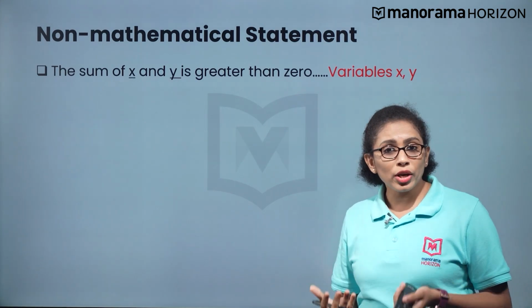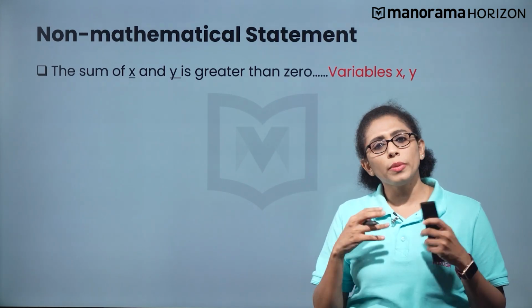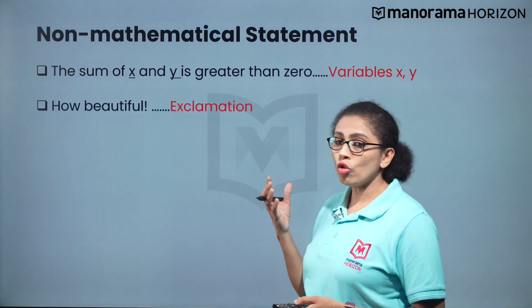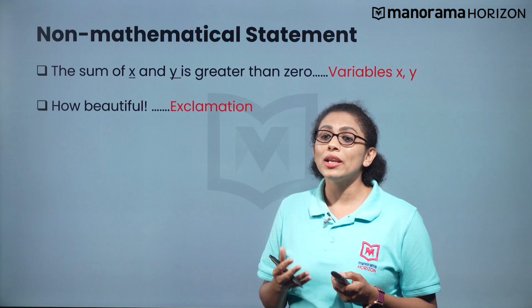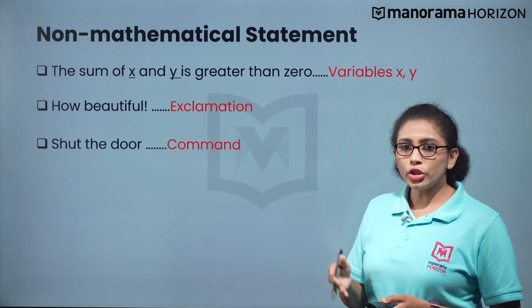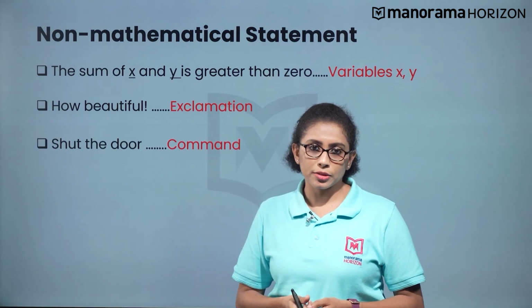Similarly, exclamatory, imperative and interrogative sentences cannot be mathematical statements. A sentence like "How beautiful!" is an exclamatory sentence and it is not a statement. "Shut the door" is a command, so it cannot be a mathematical statement.